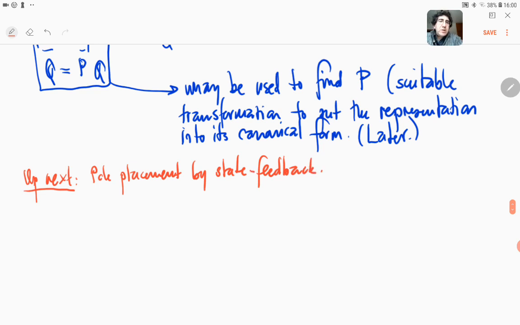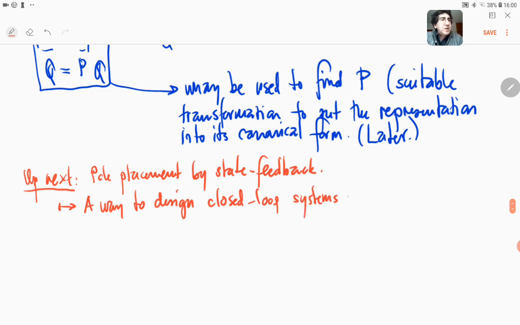Basically we will discuss this as a way to design closed loop systems, a powerful way to design closed loop systems where closed loop poles can be arbitrarily located.